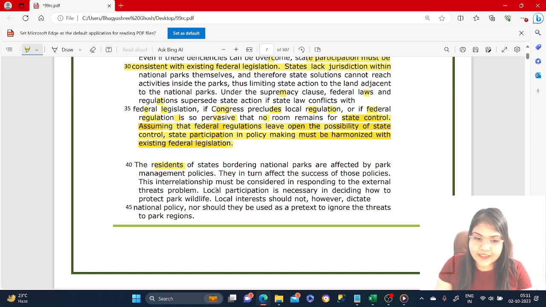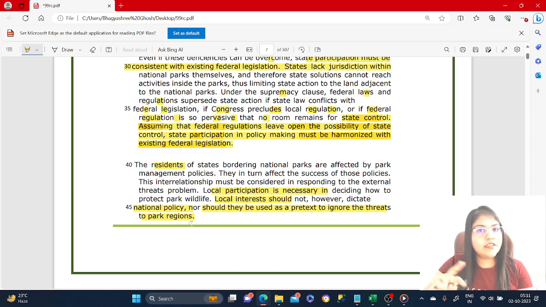Local participation is necessary in deciding how to protect wildlife. It means local participation is not there. Yeah, because the law is limited to the park, not for the locals who are living outside that national park. Local interest should not, however, dictate national policy, nor should it be used as a pretext to ignore the threats to the park region.